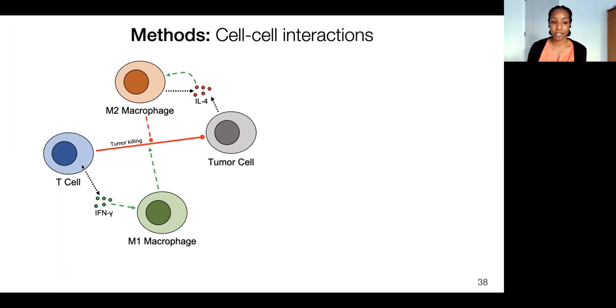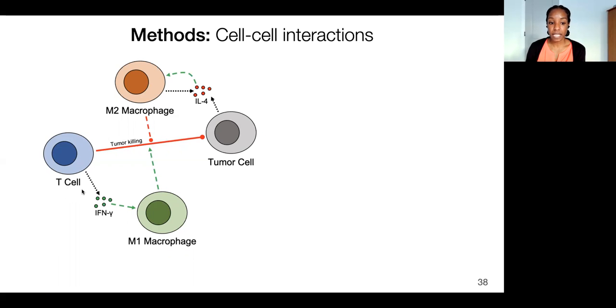So we have T cells, they can become activated and mediate tumor cell killing. Macrophages can differentiate from a naive state into either an M1 state or an M2 state. M1 macrophages are anti-tumor because they enhance T cell mediated tumor cell killing. M2 macrophages are pro-tumor because they oppose T cell killing.